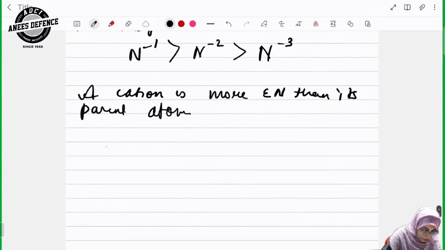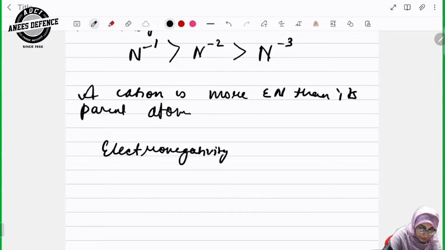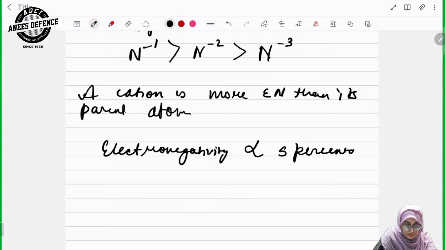And also one thing: electronegativity is directly proportional to the s percentage. The s percentage comes from hybridization, you know, sp, sp2, sp3.